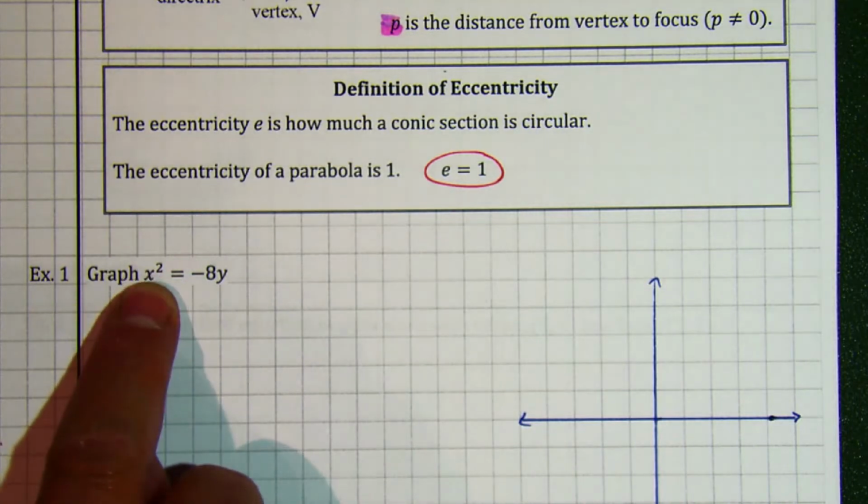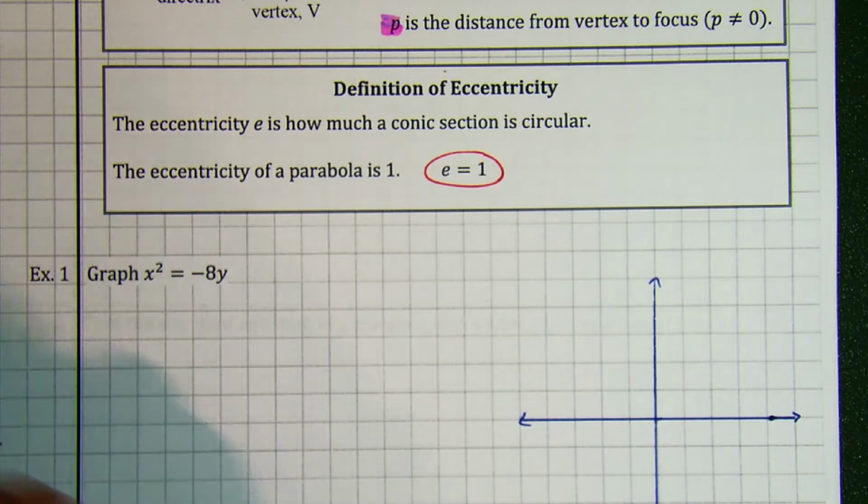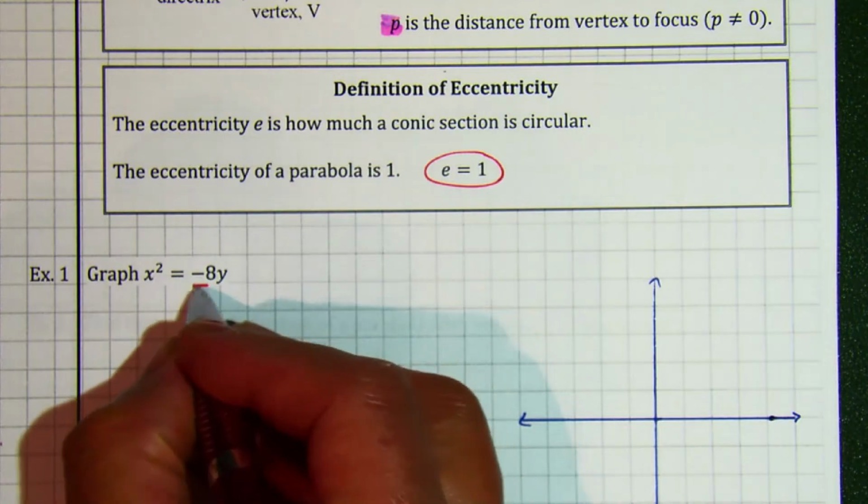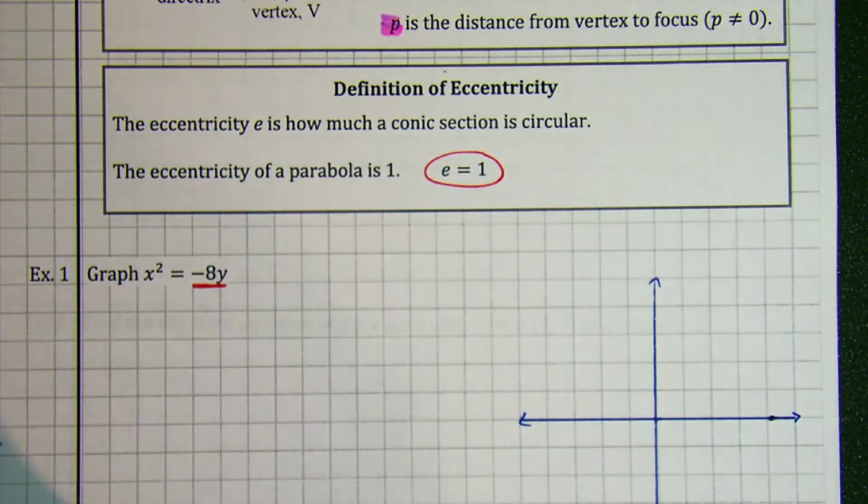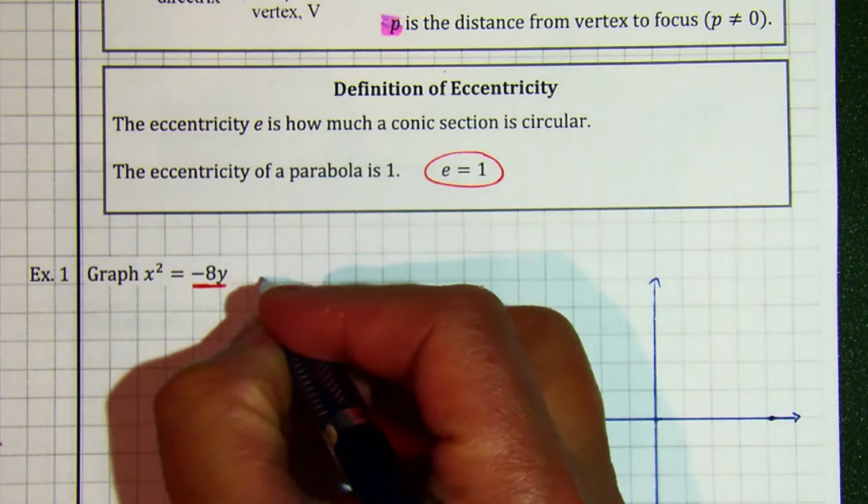X is being squared, so therefore I know that it should be up or down. By the way I memorize it, it's facing the -8 on the y-axis, so therefore it has to be facing down.